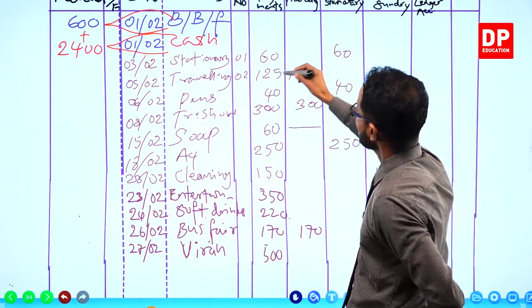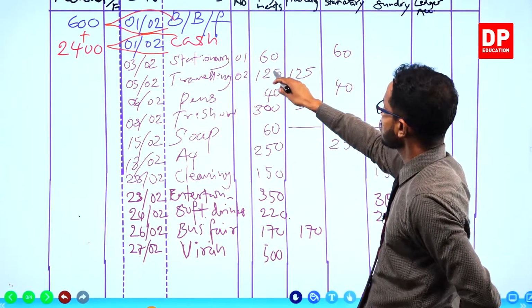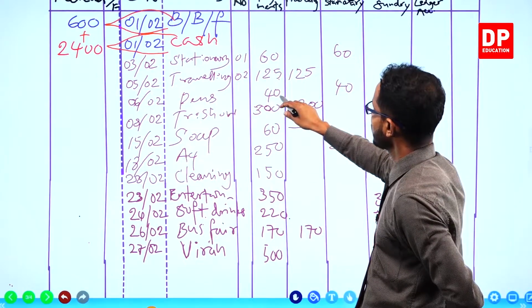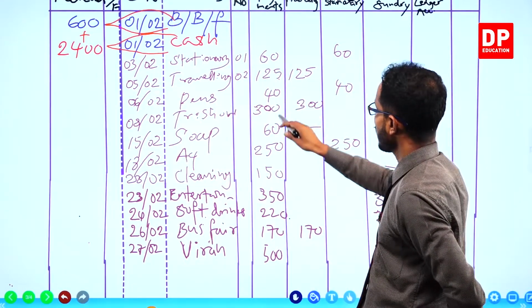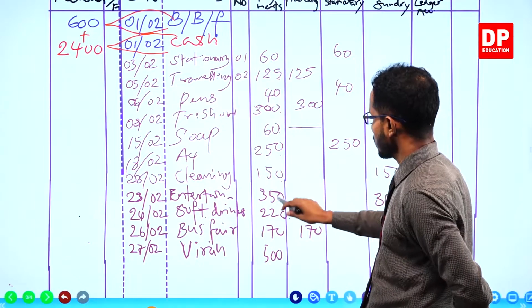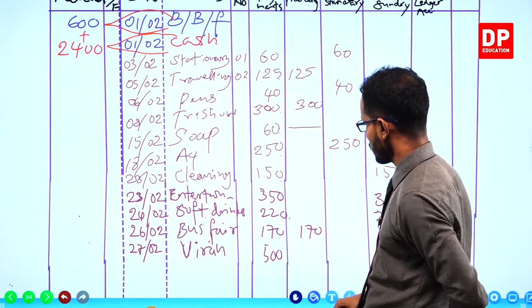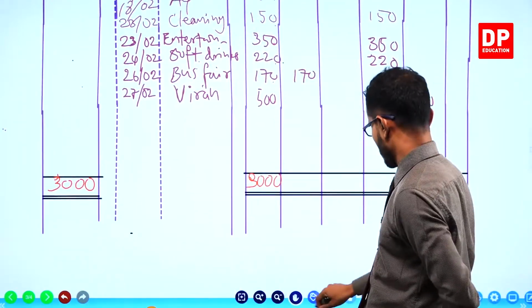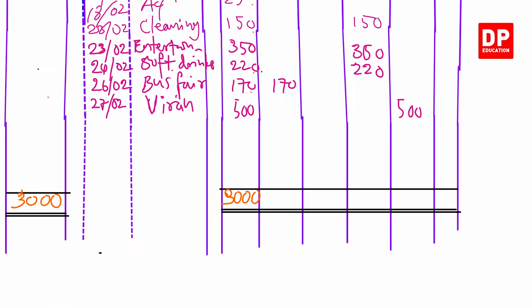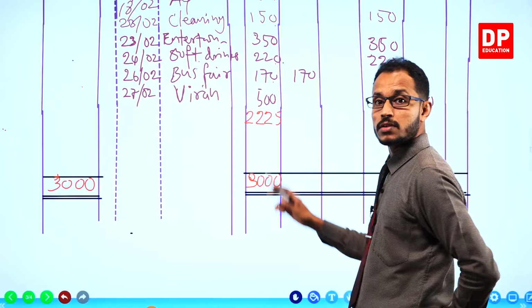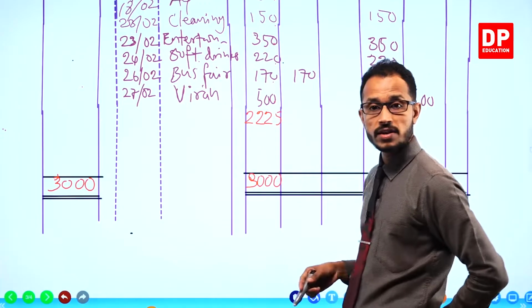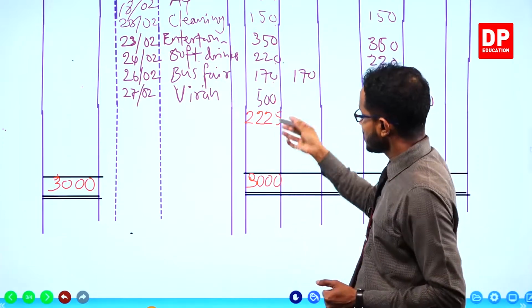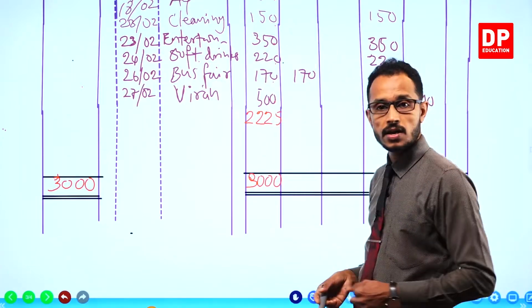Let's take the addition. 60 plus 125, then 100 and 225. Take the sum. 350, 220, 170 and 500. Let's mention the total. 2,225. Did you get the same total? All right. If you got the total, this is the real total of the payments column, right?